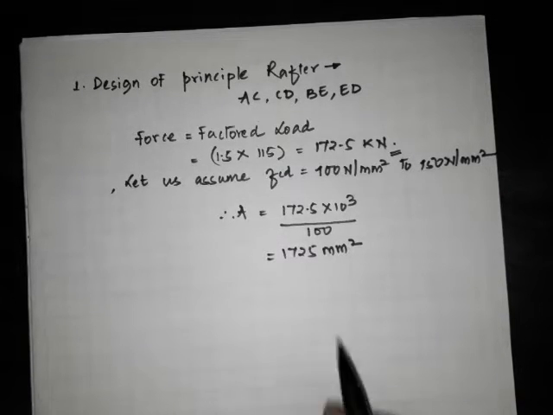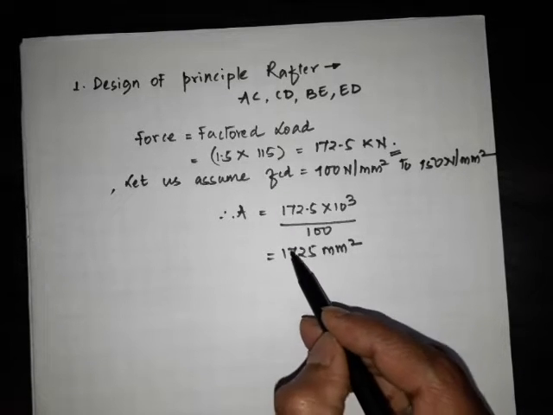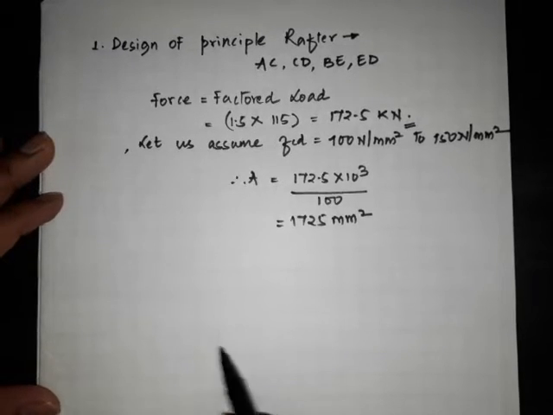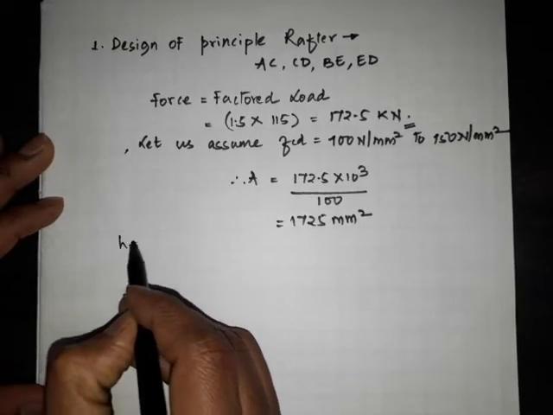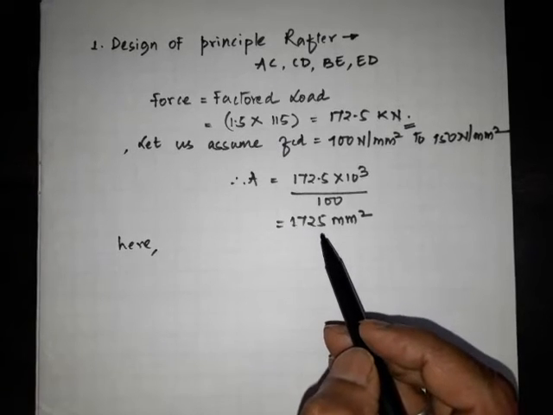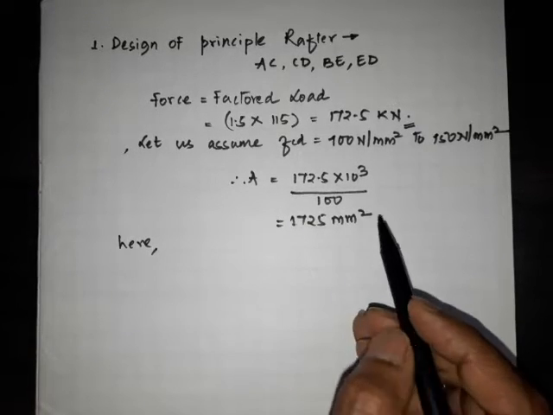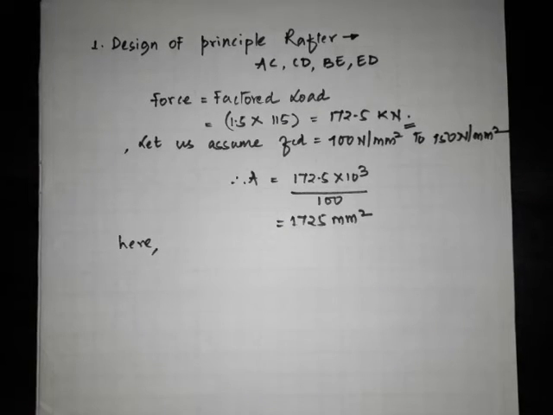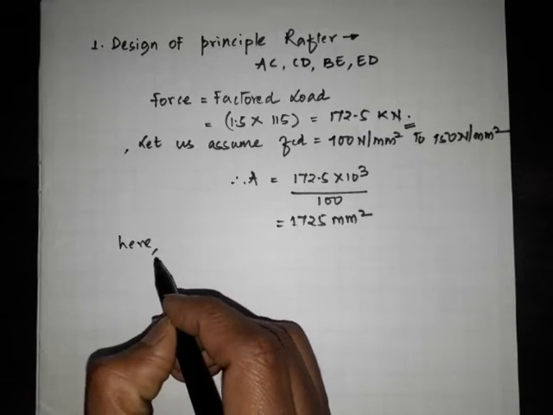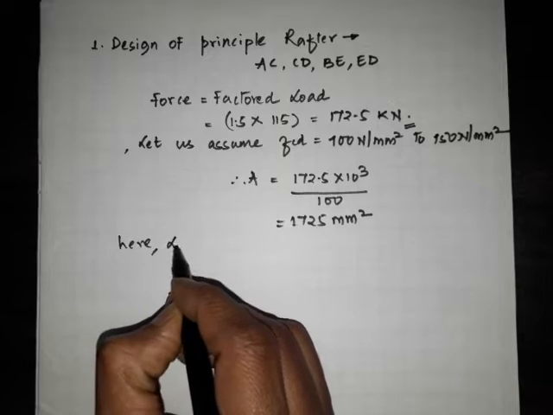So by considering this, we have to select a member by referring to the steel table. Okay, so here we have to select a section from the steel table. Okay, so you can consider the area more than this.